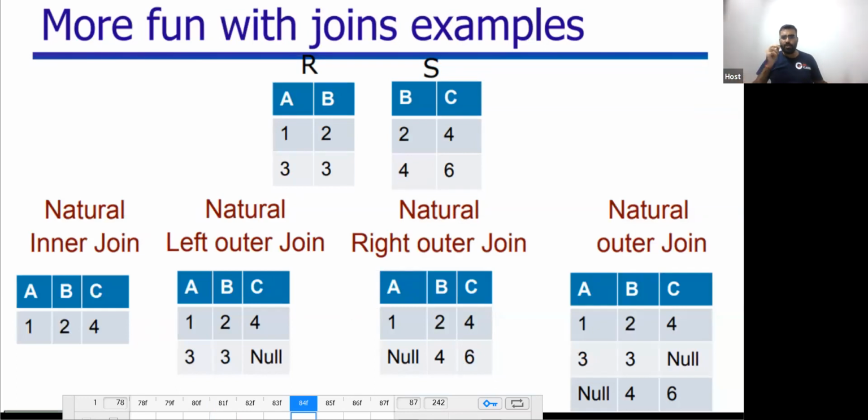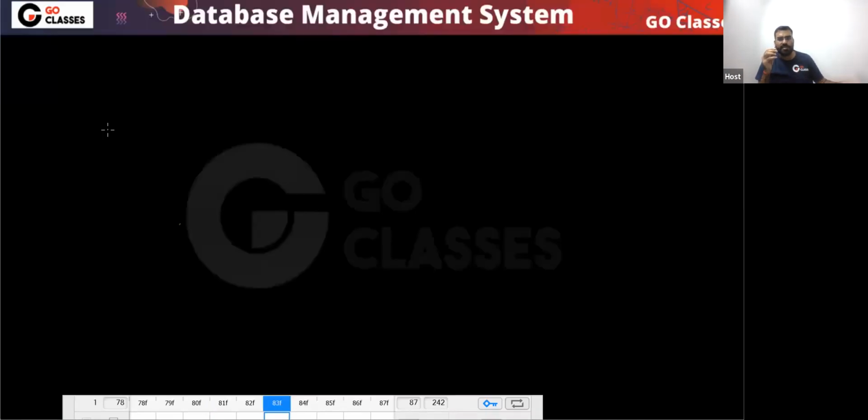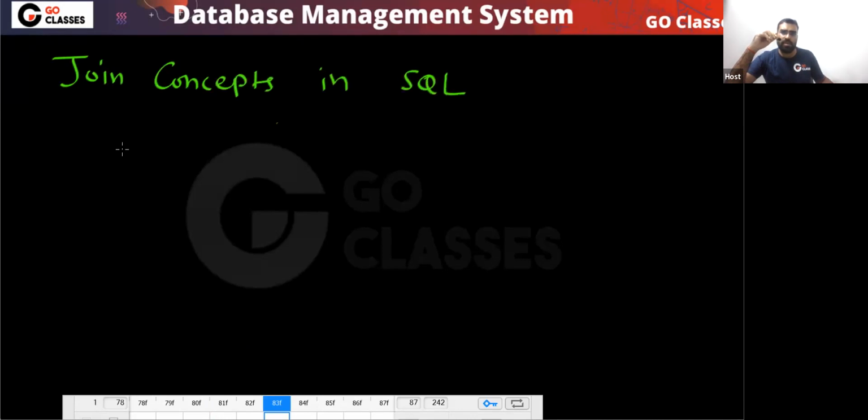One more thing: in SQL you can use all these concepts: outer join, natural join, left outer join. All these join concepts in SQL are exactly the same as join concepts in relational algebra.